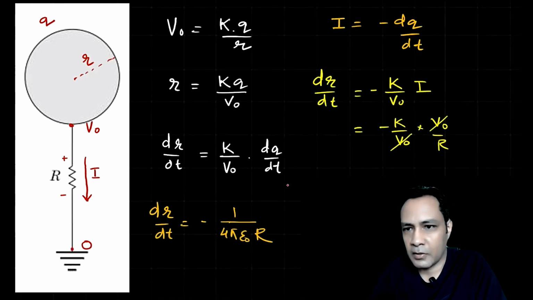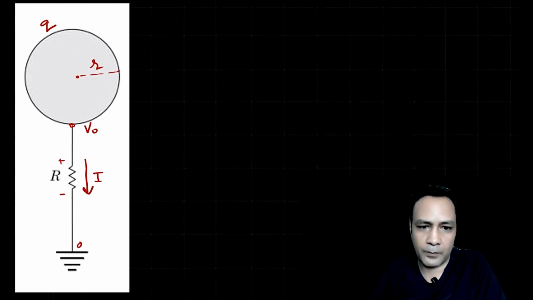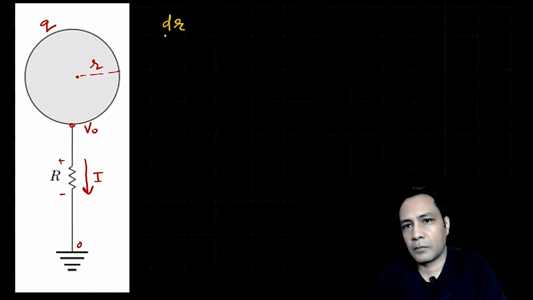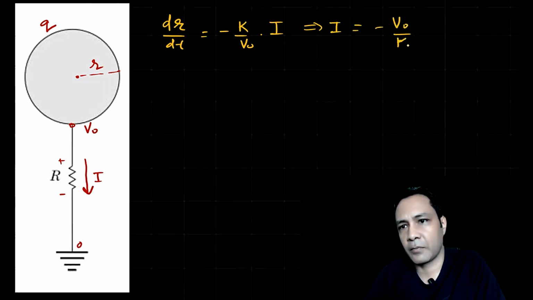Suppose I have got this expression, dr by dt is equal to minus K by V naught into I. So I is equal to minus V naught by K into dr by dt.